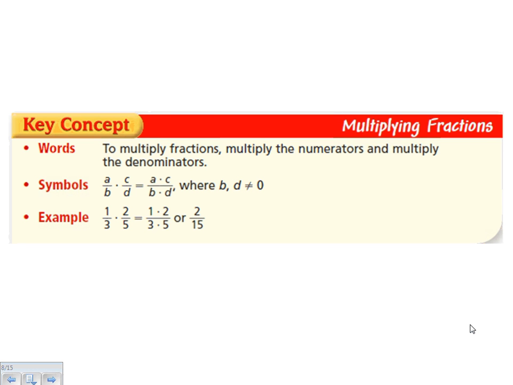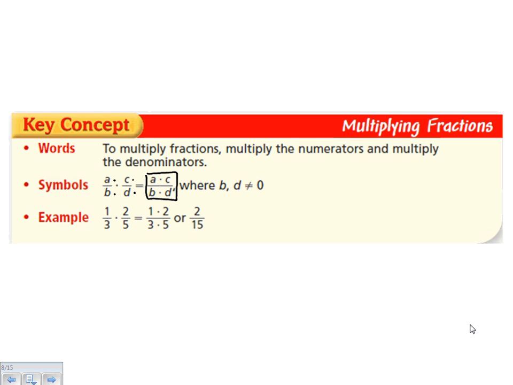Okay, so to multiply fractions, we're going to multiply the numerators and multiply the denominators. So here I have the symbols a over b times c over d, which gives me a times c over b times d.